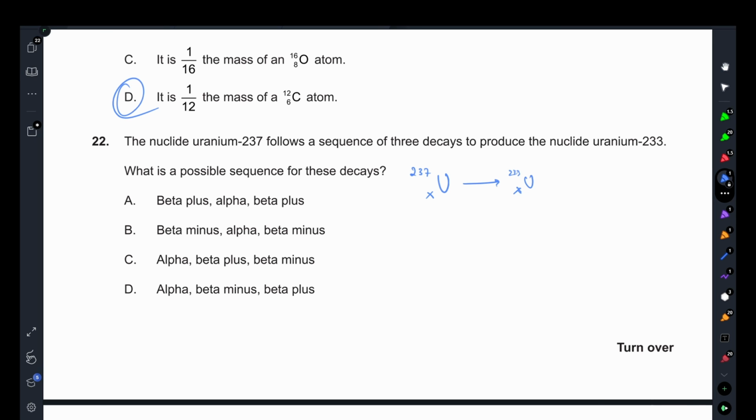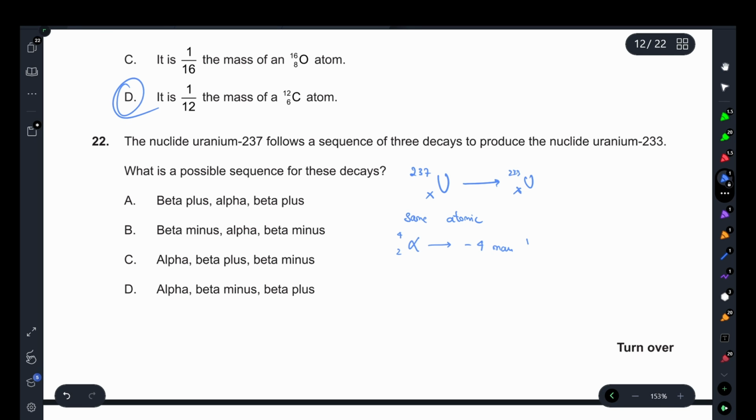Since it's the same element, the same atomic number must be present, so any changes made to the atomic number must be 0. Now, all of these have an alpha particle involved. So let's see what happens when you have an alpha particle. An alpha particle has a mass number of 4 and an atomic number of 2. This means you have a -4 in mass and a -2 in atomic.